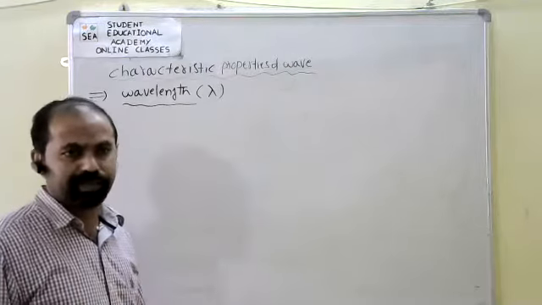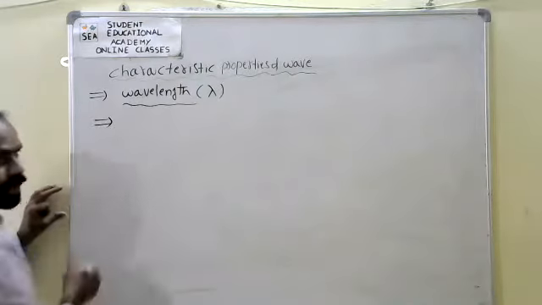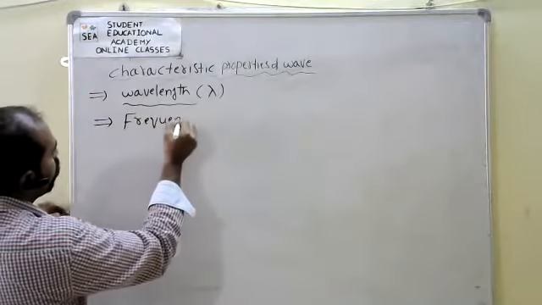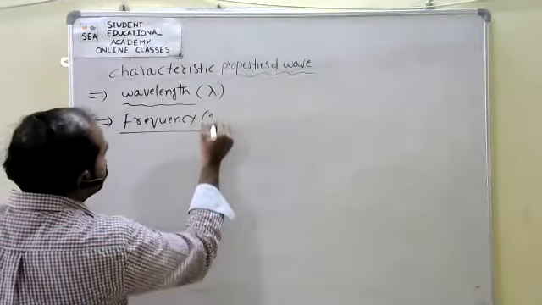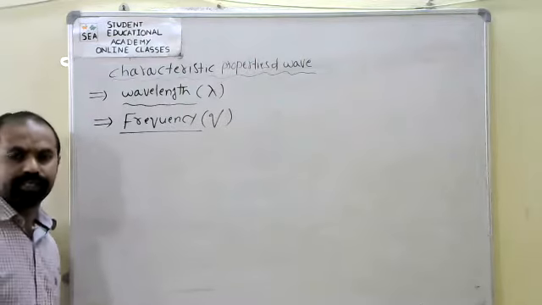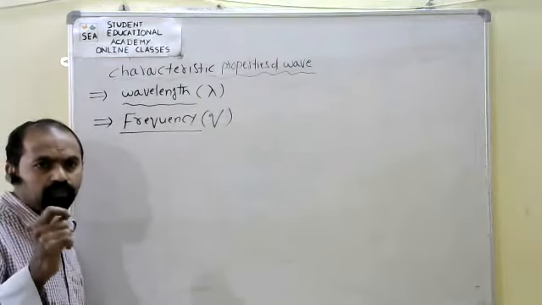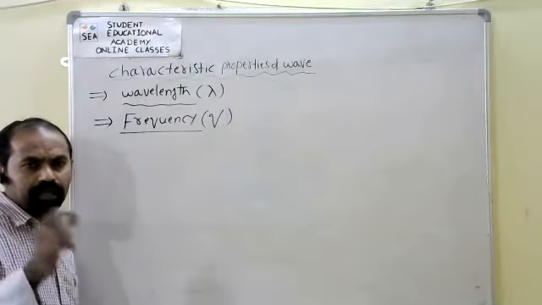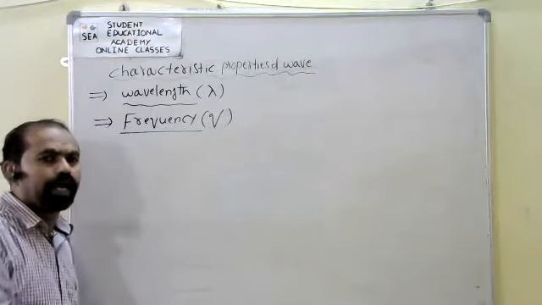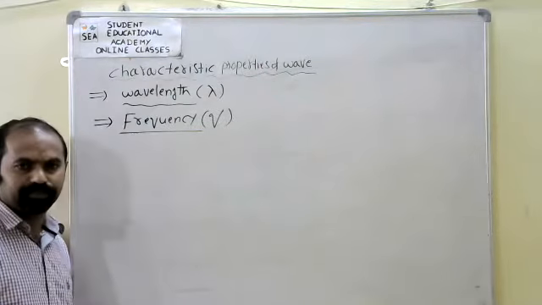Okay, their conversions are given. Next, one of the important characteristics, frequency. It is denoted by nu. What is called frequency? The number of waves that pass through a given point in 1 second is called frequency.